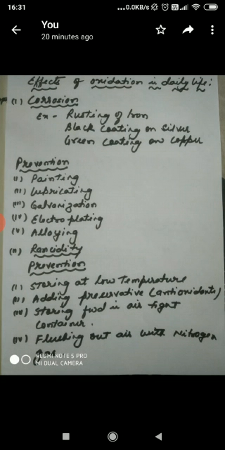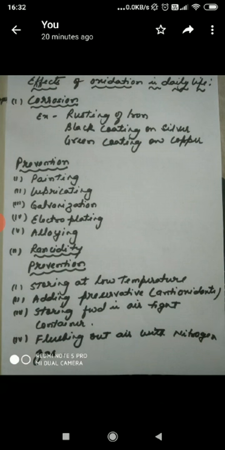What are the different effects of oxidation in daily life? Oxidation reactions affect our daily life. Here we are going to discuss two important topics: one is corrosion, another is rancidity. Corrosion we have already discussed in previous classes. When a metal is exposed to substances such as moisture, air, water, acid, etc. for some time, a layer of oxide is formed which weakens the metal, hence the metal is said to be corroded.